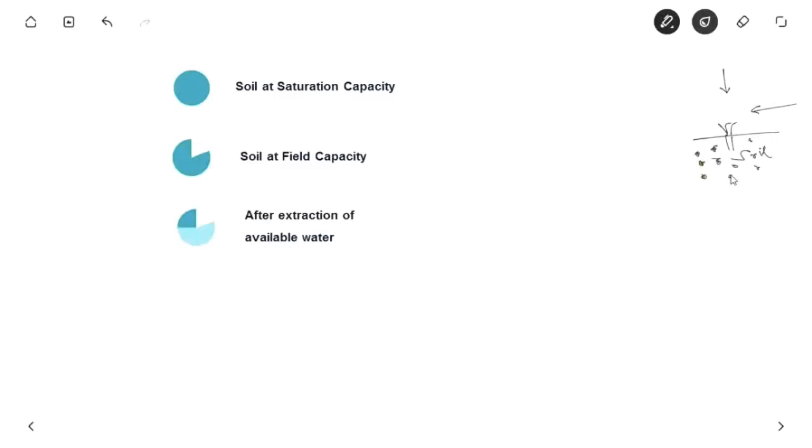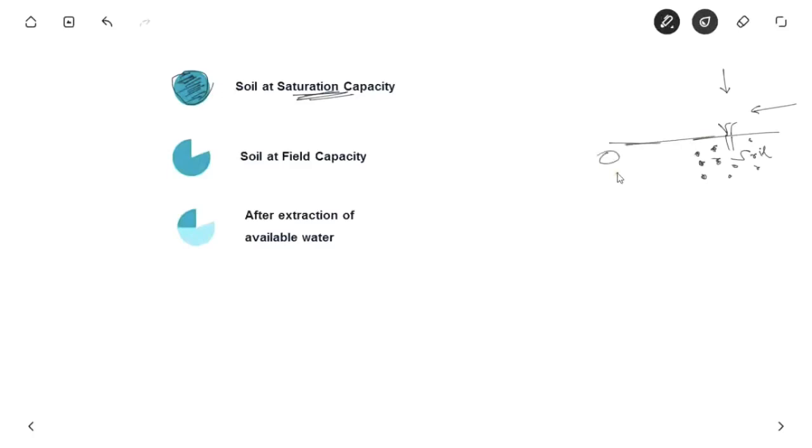When all the pores are filled, this water content is known as the saturation capacity. It is the total water contained in the soil when all the voids are filled with water.